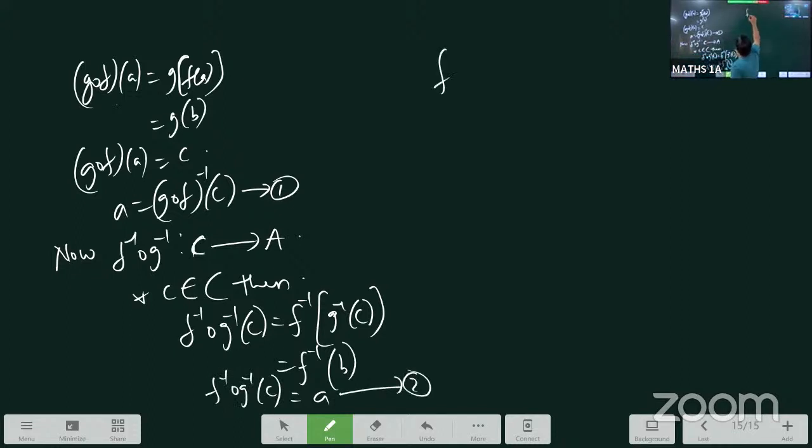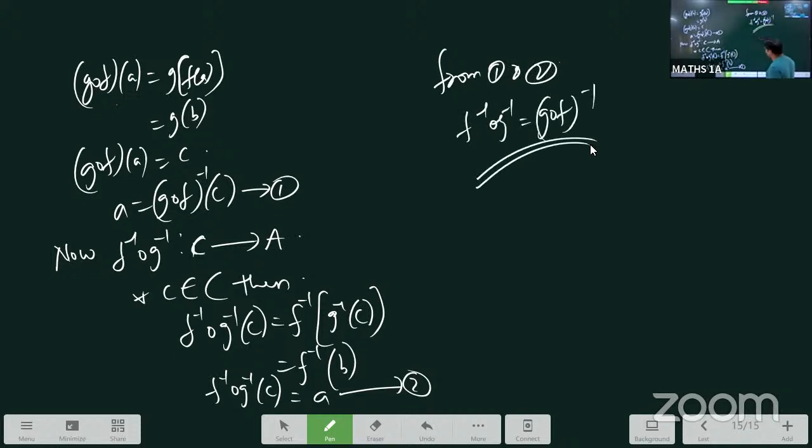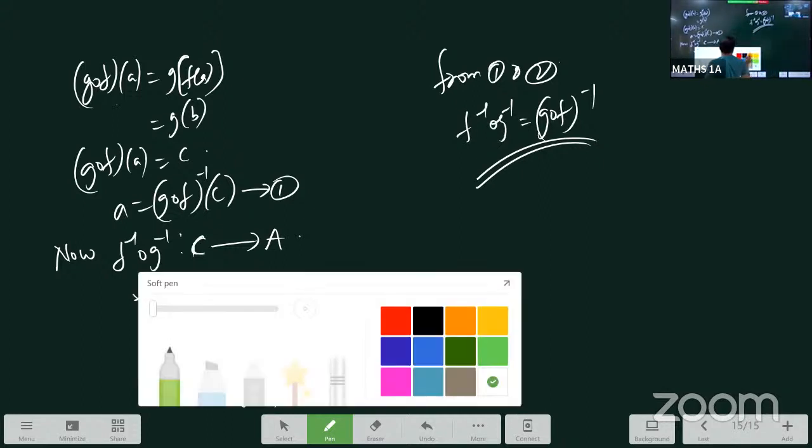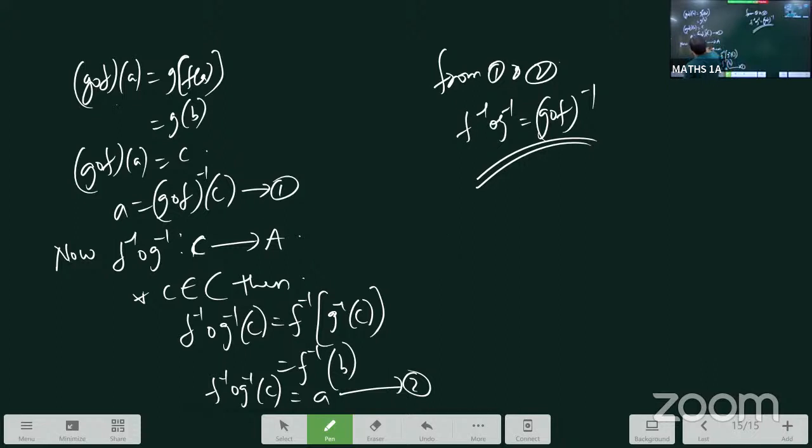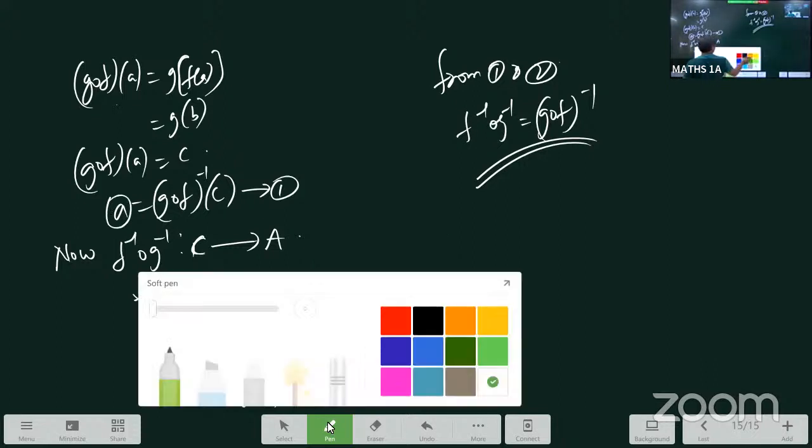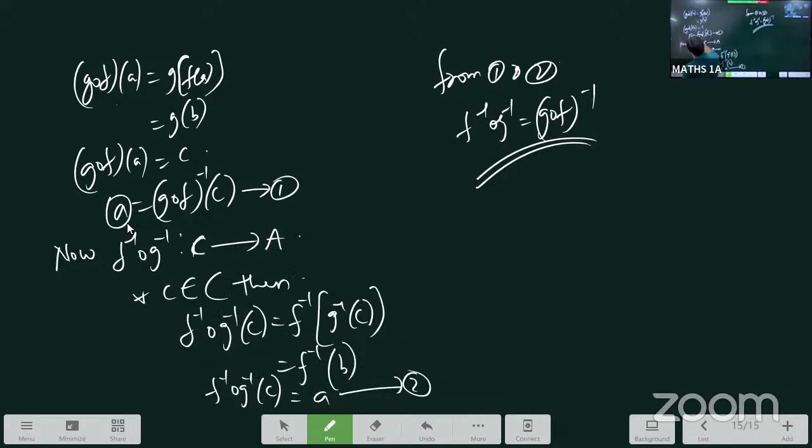Now from 1 and 2, a and a are the same on both sides, so equate this and this.